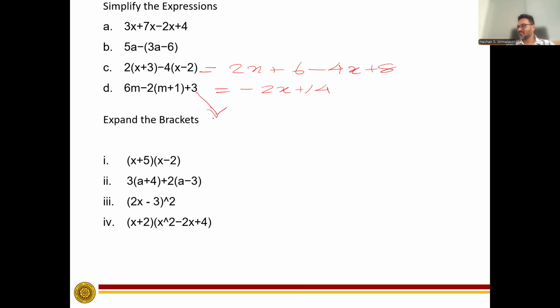So for this one, 6m minus 2m minus 2 plus 3. Again, 6m minus 2m means 4m, and minus 2 and plus 3 should be plus 1.